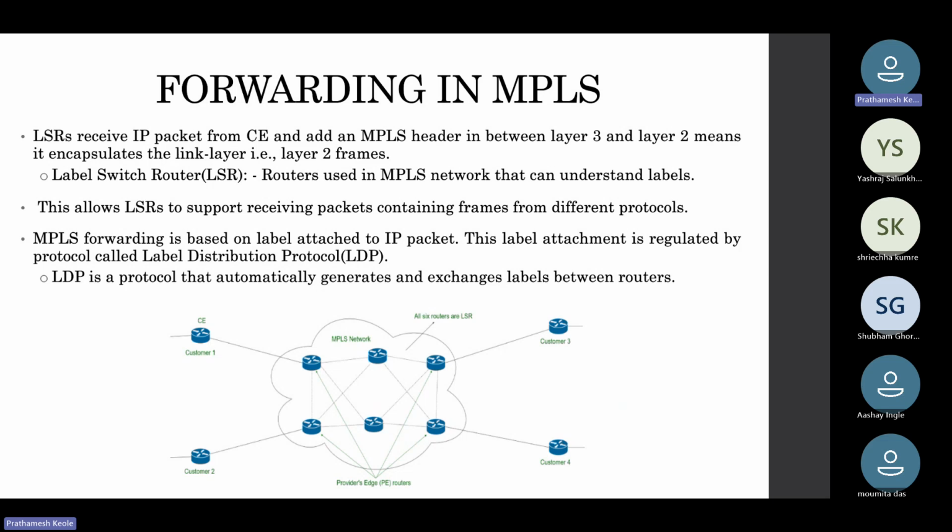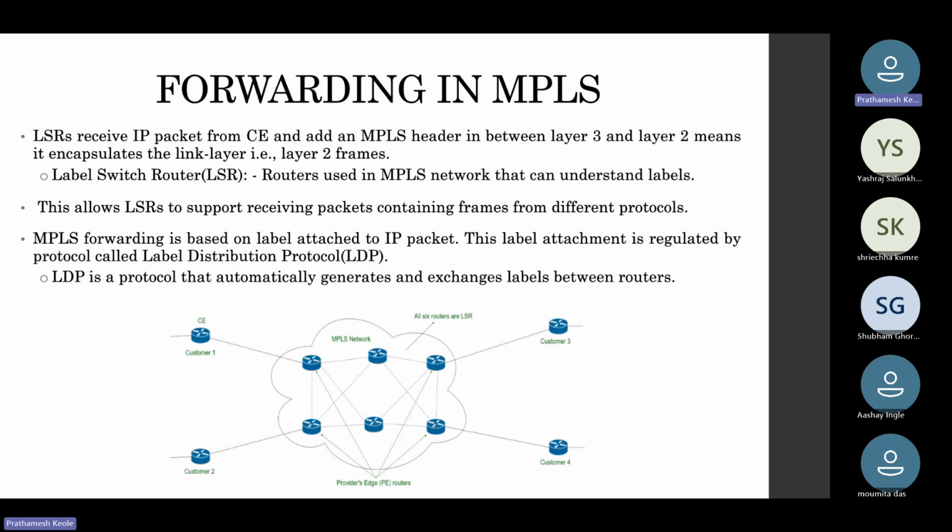So MPLS forwarding is based on the label attached to the IP packet. This label attachment is regulated by a protocol called Label Distribution Protocol. It is a protocol which automatically generates and exchanges labels between the routers.